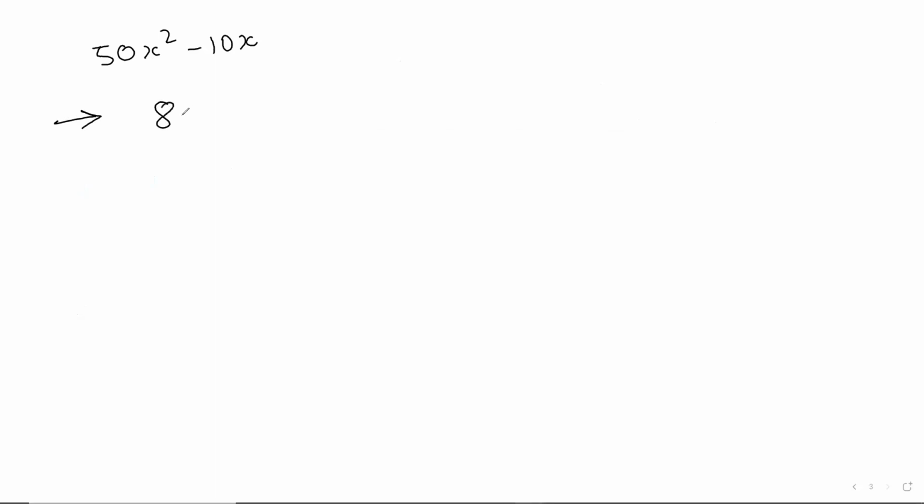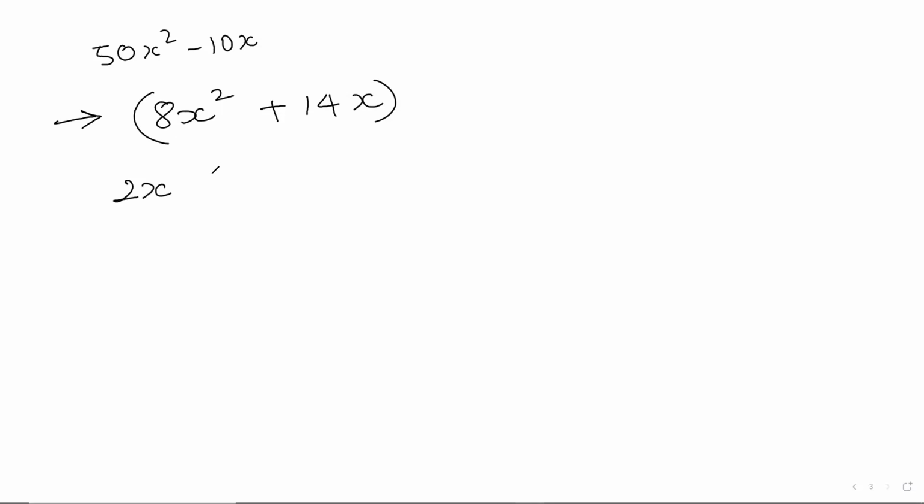How about 8x squared plus 14x? Can you factorize this? This is one whole polynomial. How can we factorize it? We can take 2x as common. Very good. Yes, so we take 2x as common.